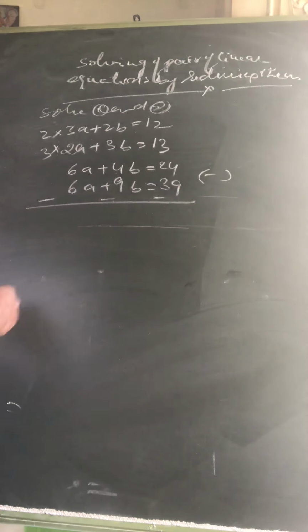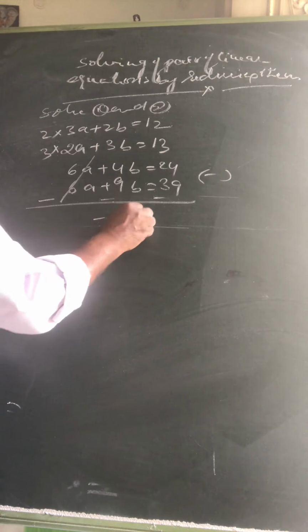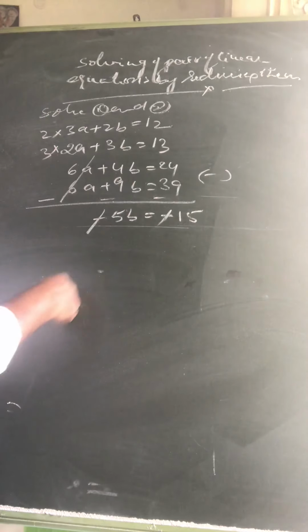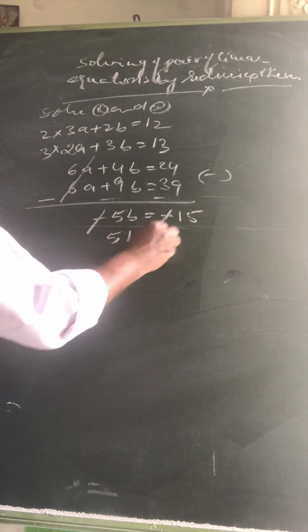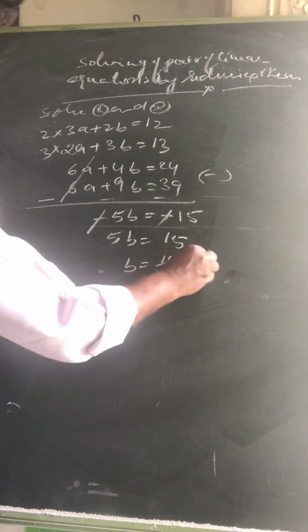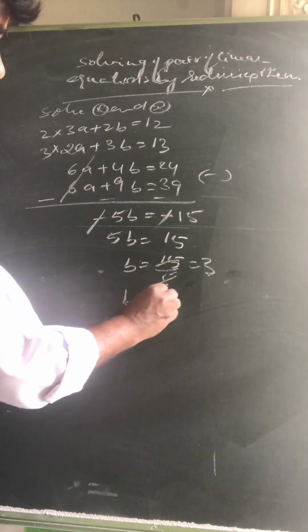Subtract them. The 6a terms cancel. 4b minus 9b is minus 5b, equal to minus 15. The minus cancels, so 5b is equal to 15. b is equal to 15 by 5, which is 3. So b is equal to 3.